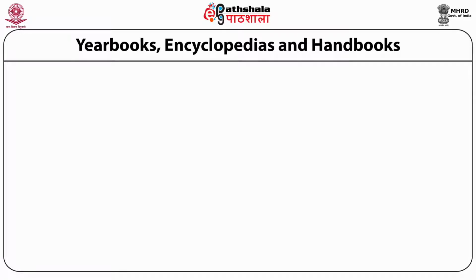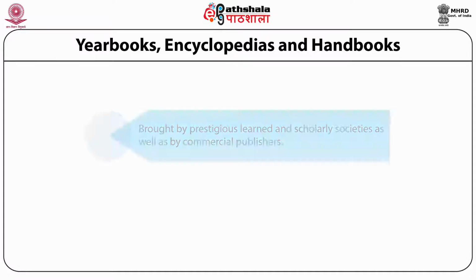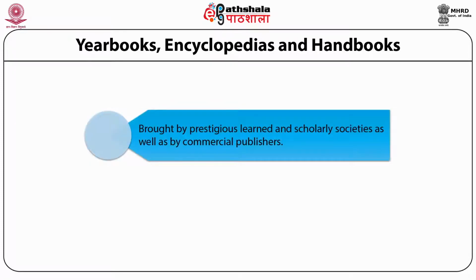Yearbooks, encyclopedias, and handbooks are brought out by prestigious, learned, and scholarly societies as well as by commercial publications. These are the sources which are published on regular basis by various associations like American Society for Information Sciences, American Psychological Association, American Association for Microbiology.